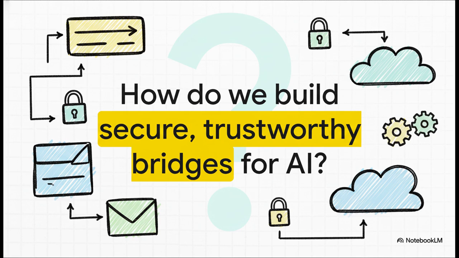The tech is here, it's happening, and it's connecting everything faster than we can blink. So the challenge for all of us, really, isn't if we can build these incredible bridges between AI and the real world. The question is, how do we build them so that they're not just powerful, but also secure and transparent and ultimately trustworthy? That's the real work ahead.